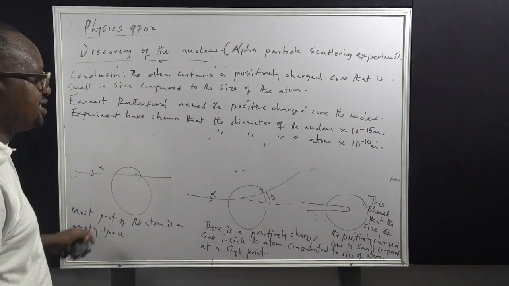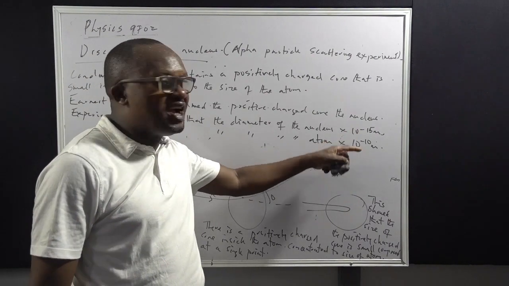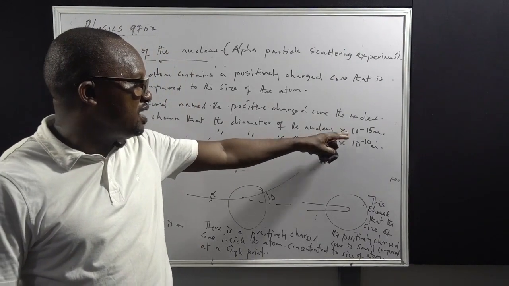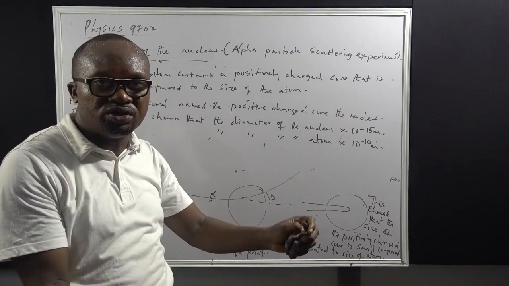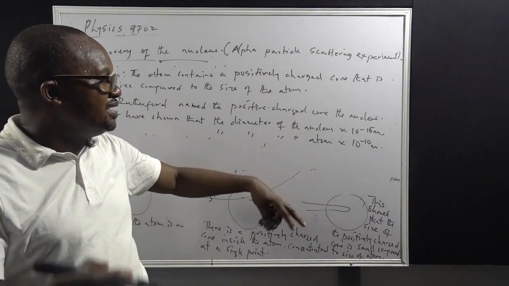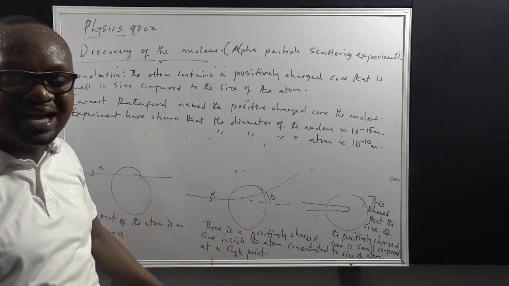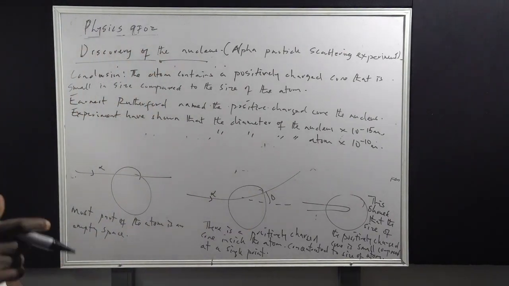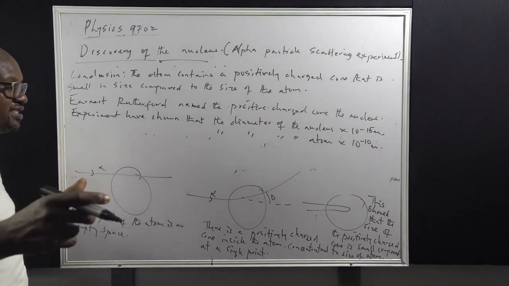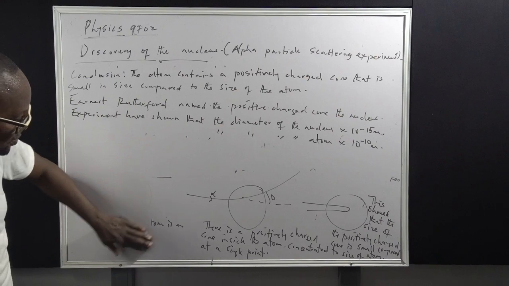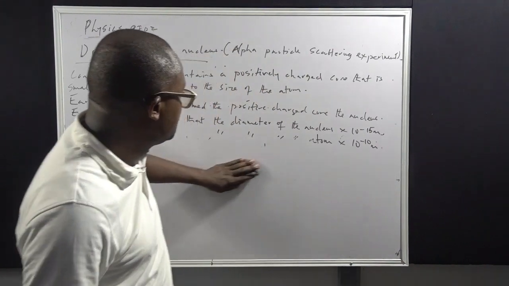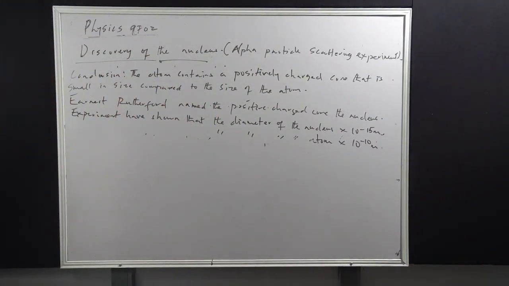So I can see that the nucleus is 10 raised to the power 5 times smaller compared to the what? Atom. Or the atom is 10 raised to the power 5 times greater in size compared to the nucleus. Is that clear? Okay.